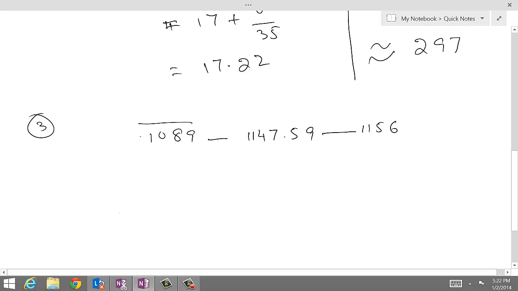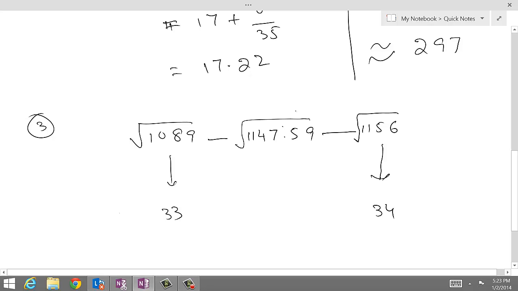So the square root of 1089 would be 33, because 33 times 33 is 1089, and the square root of 1156 is 34, because 34 times 34 is 1156. Now we want to find the square root of this.